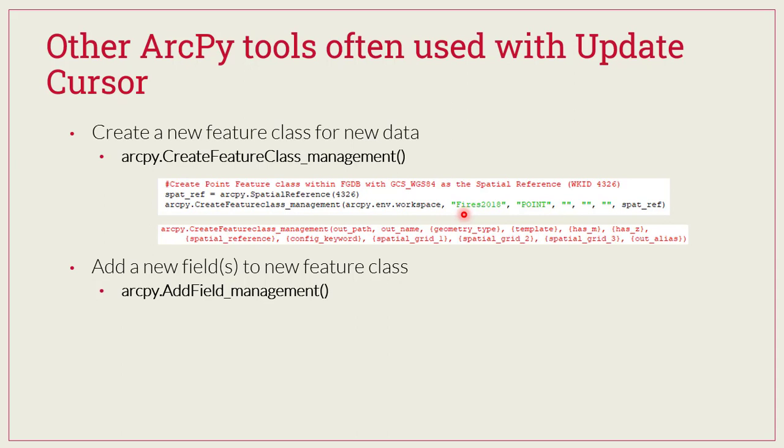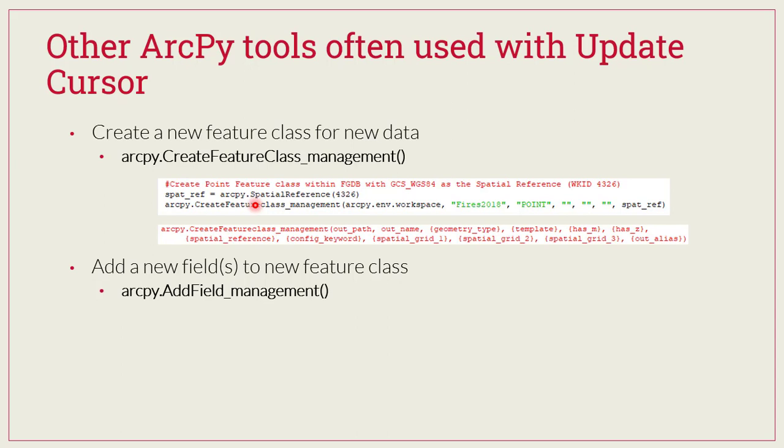So I just went out and I searched online for the WKID for geographic coordinate system WGS84, and there's going to be lots of resources out there. Some of them are going to be from Esri, some from other vendors, some from the federal government, but there you will eventually find a place that lists out for you the WKID for the coordinate system that you need. So for GCS WGS84, it's 4326.